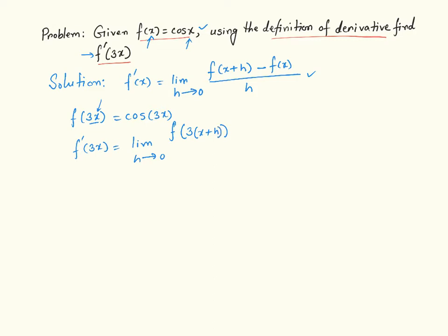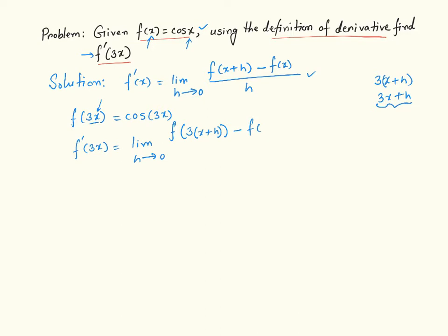A common mistake students make, including myself, sometimes even after seeing it so many times, is that instead of writing 3 times x plus h, I write 3x plus h. It's just a careless mistake, but that could lead to a wrong answer. So make sure that you understand what you're doing. Minus f of x. Okay.